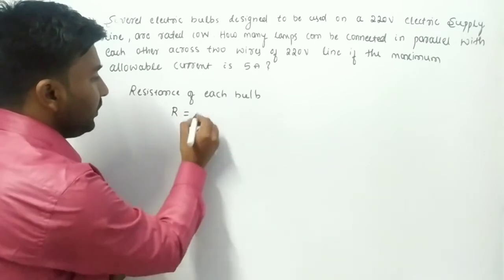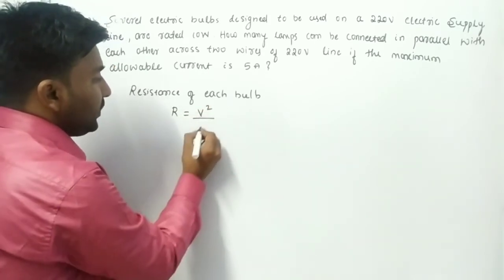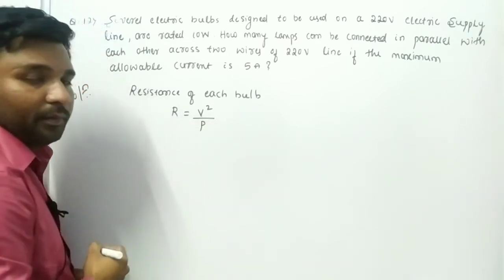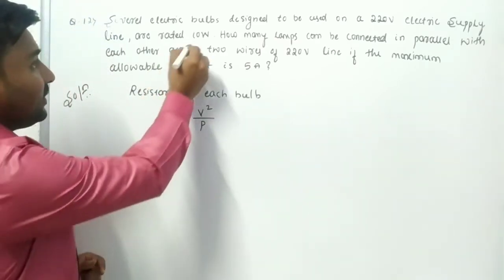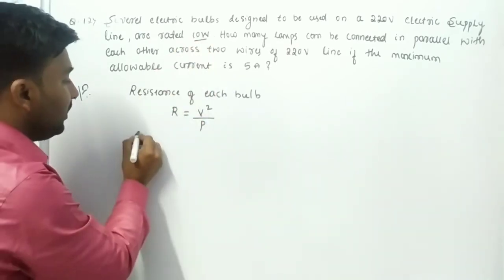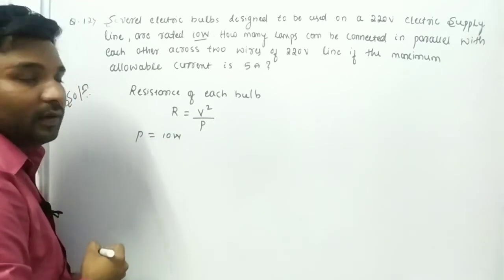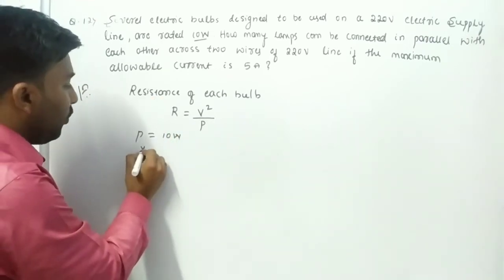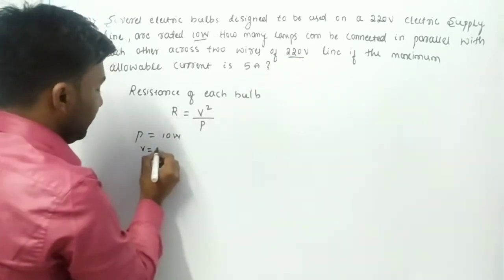R is equal to, we know the relation, V square divided by P, right? And here what is the given data? They have given power which is 10 watt, and we have voltage that is 220 volt.